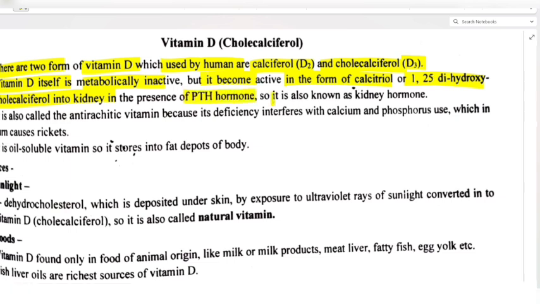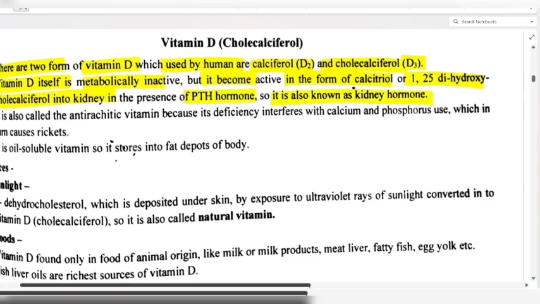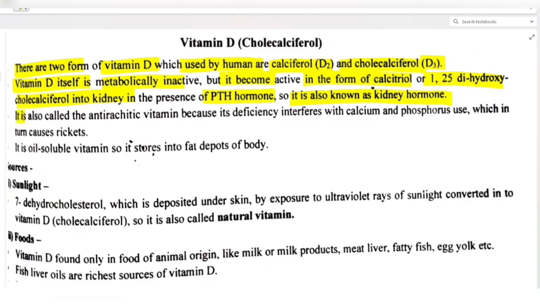So it is also known as kidney hormone. It is also called anti-rachitic vitamin because its deficiency interferes with calcium and phosphorus use, which in turn causes rickets. It is an oil soluble vitamin, so it is stored in the fat depots of the body.